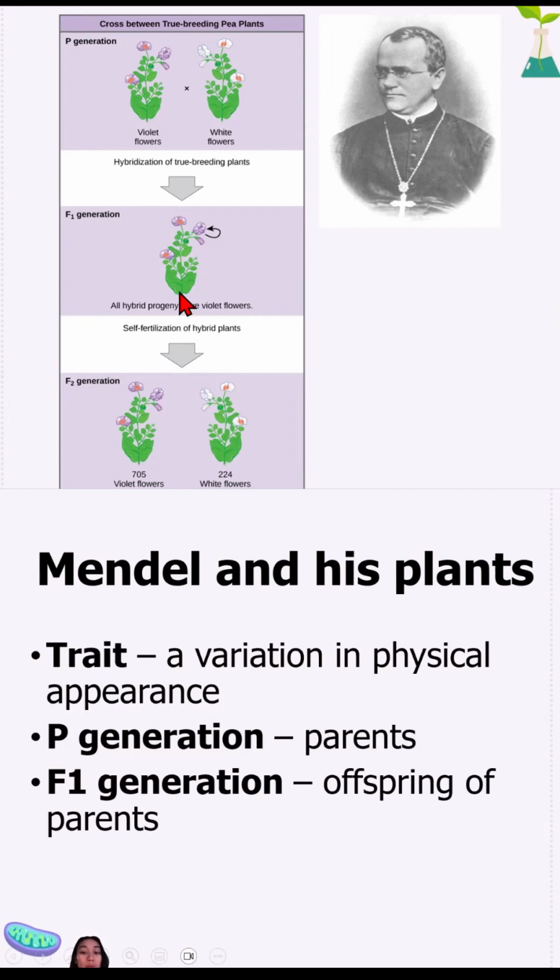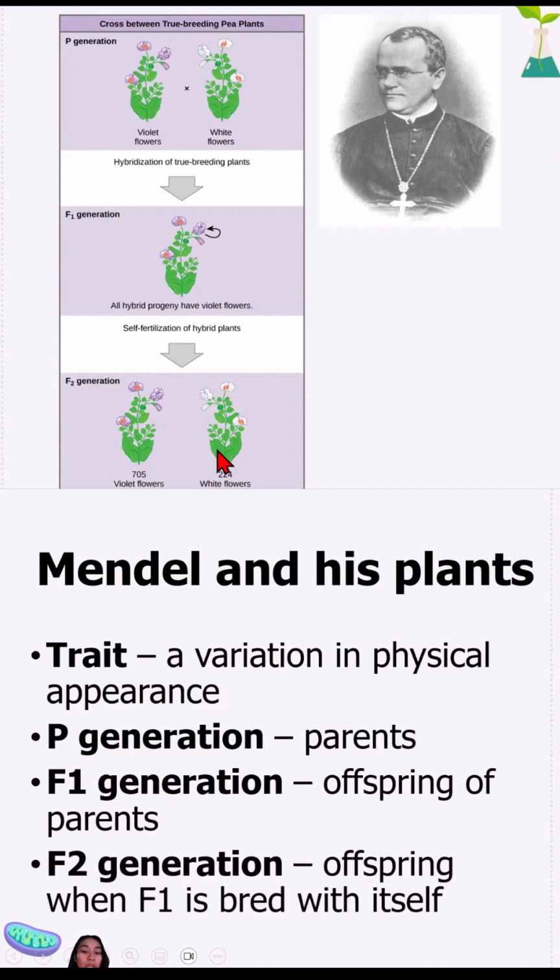Sometimes, after getting that result, he would self-pollinate, meaning you breed a flower with itself. Then you would get a second generation, which we call the F2 generation. Of course, you could keep doing this with F3, F4, but for the purpose of this video, let's just go through these first three generations: your parents, your first generation, and your second generation.